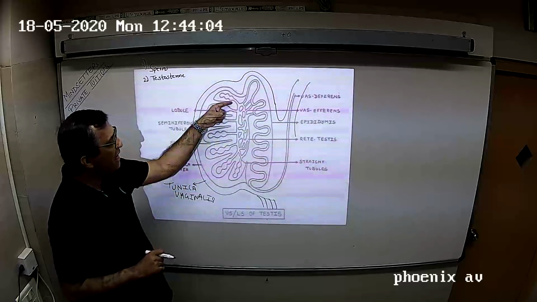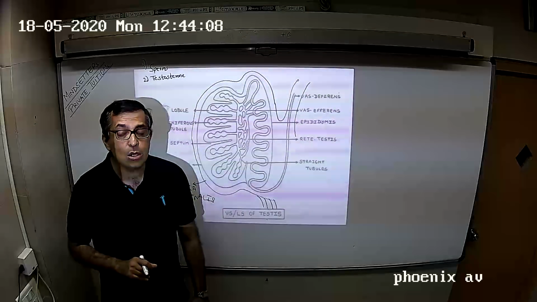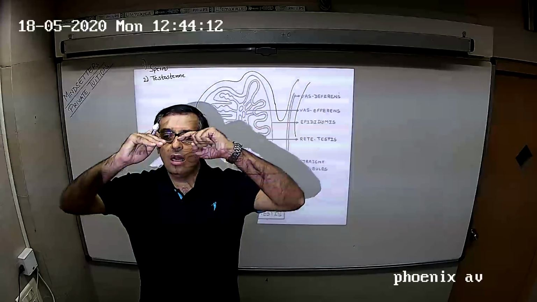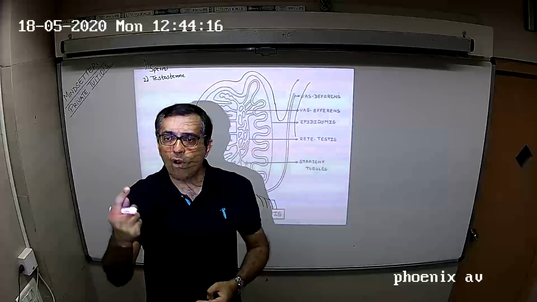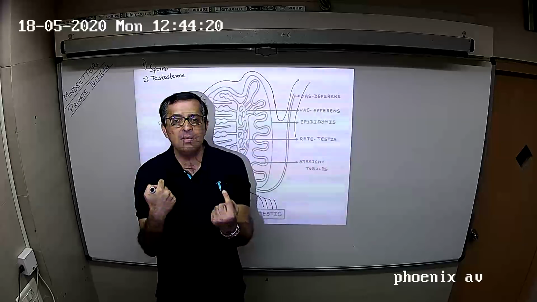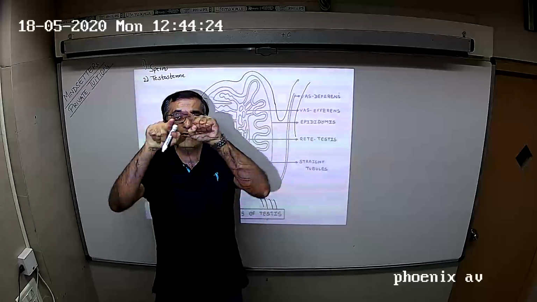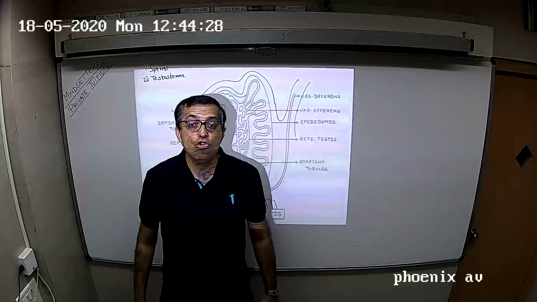Suppose this is tunica albuginea, and from it arises septum, septum, septum, septum. Between two septa is formed one compartment which is called a lobule.